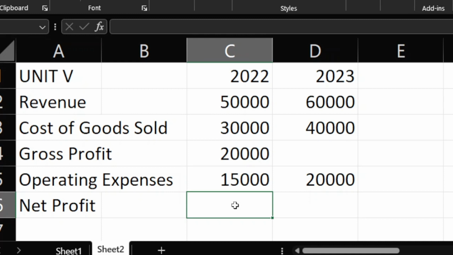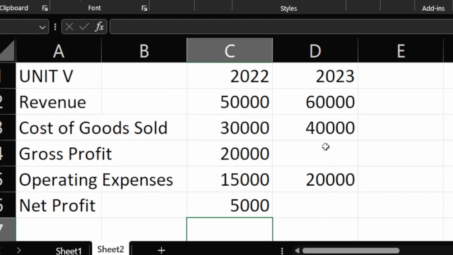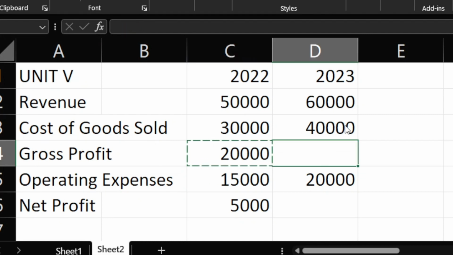Again, I am giving this formula: gross profit 20,000 minus operating expenses 15,000 equals 5,000. I will copy the same to the other one.